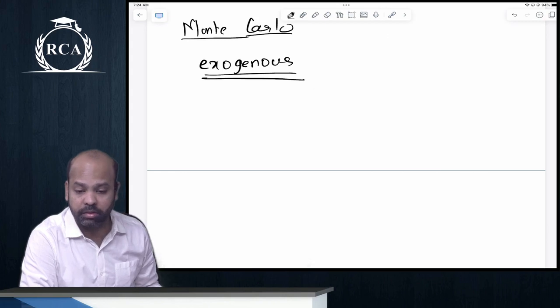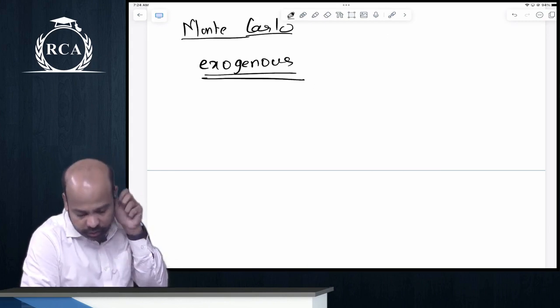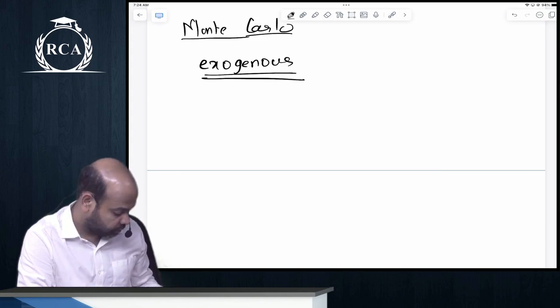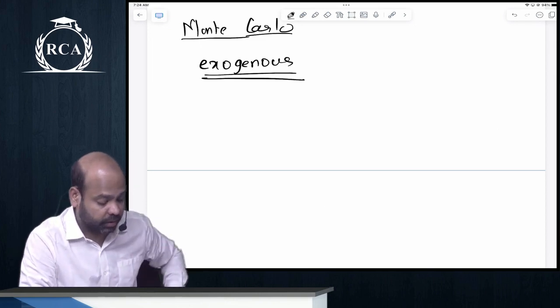क्या लिखा है बेटा? Pick up the values of exogenous variables. Next guys, compute NPVs.